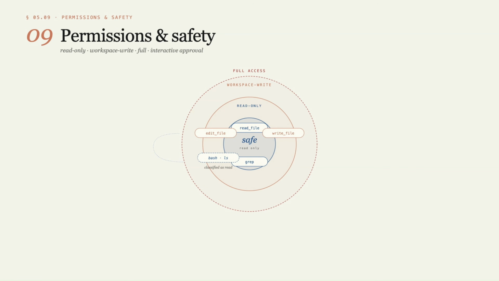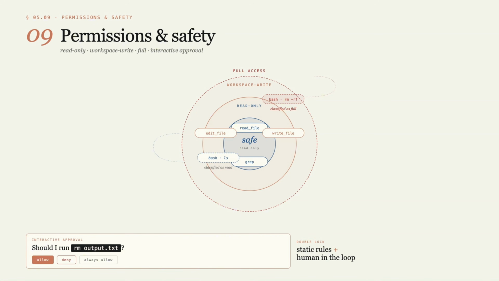And for tools like Bash, the harness even classifies the commands dynamically. So let's say if you say list files, that is going to be read-only. If you want to delete something, that will need full access. And the harness figures it out by parsing the command's string.